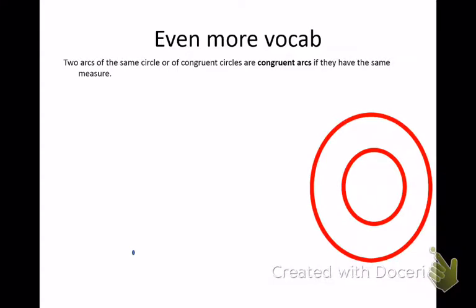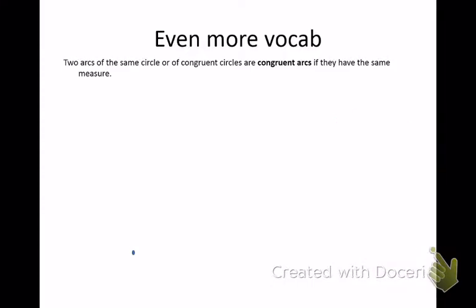But if we create a central angle, again, this central angle is going to have the same measure for both circles, but those arcs are not going to be the same, right? So two arcs, the only way they're going to be congruent is if they're in the same circle or in congruent circles, and then they have to have the same measure. And just a reminder that two circles are congruent circles if they have the same radius. Okay, that's how we define them.